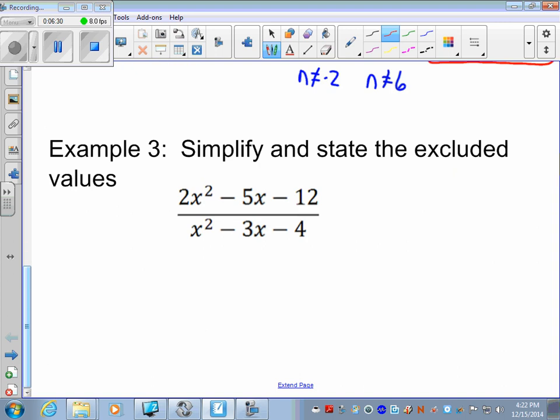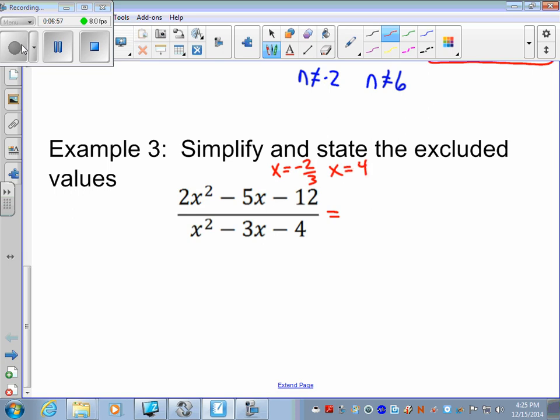Next example, simplify and state the excluded values just the same as before. When we factor the numerator here, let's see if there's a greatest common factor, and there is not. So you can put this straight into a calculator, and you're going to see that the x-intercepts are at negative 3/2, and the other x-intercept is at 4.